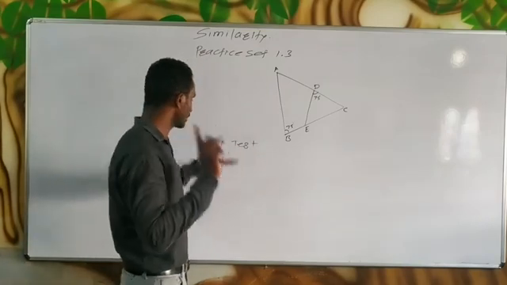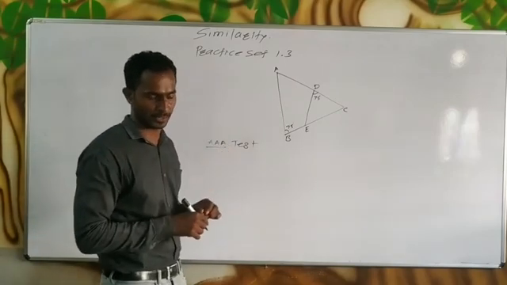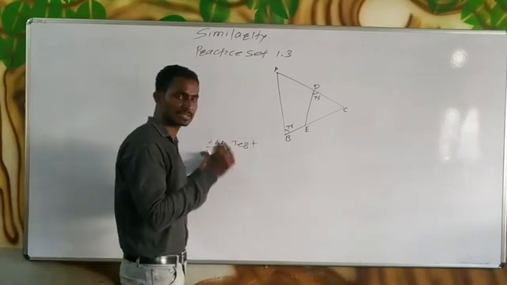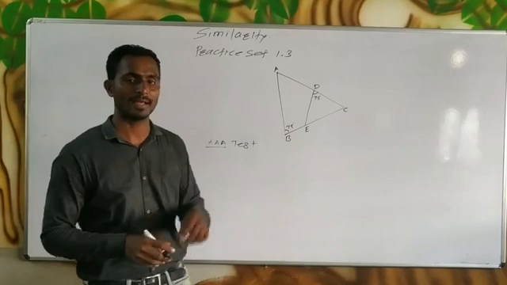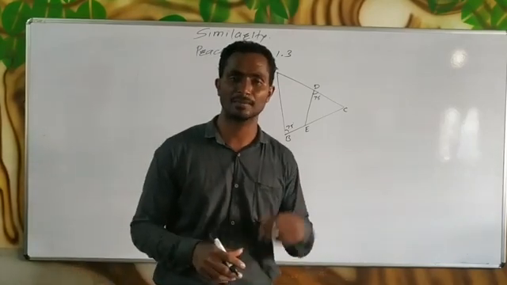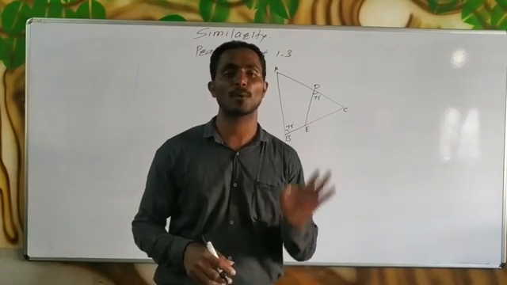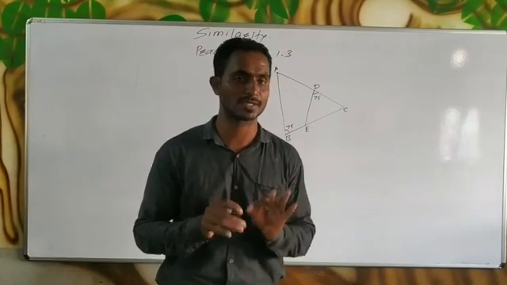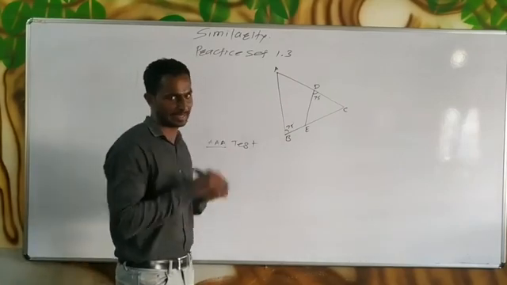It is a convention to use the AAA test as just the AA test, because if two pairs of angles in the two triangles are equal, then the third and remaining pair of corresponding angles is also equal to each other. So that's why we can use the AAA test as only the AA test.